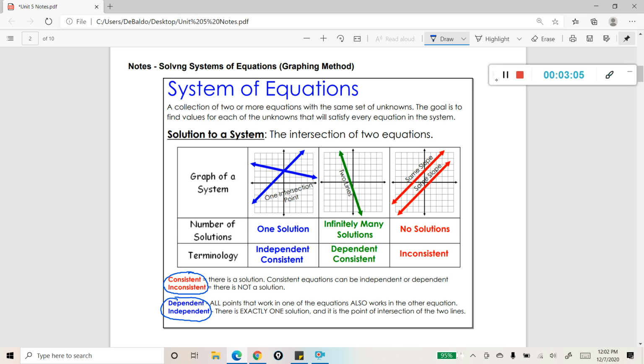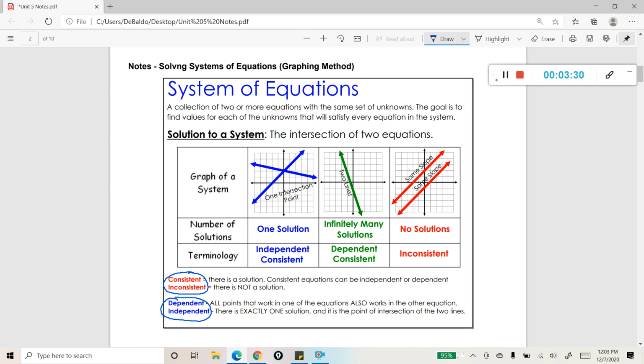Independent is when there is exactly one solution, or there's exactly one point that will fit into both of the equations. And basically it creates one intersection point. That means that it's an independent system. And we'll talk about these as we move along here.